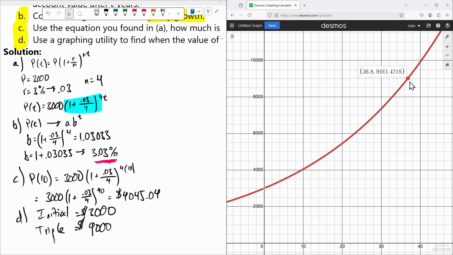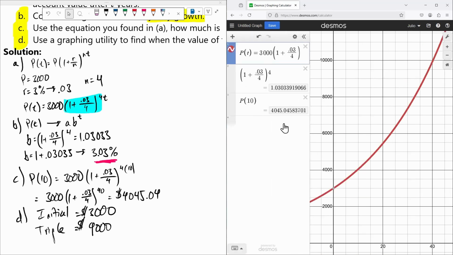It's hard. There we go. 36.8. So I'm going to put that as the point. So 36.8, comma, P of 36.8. I'm going to label the point.